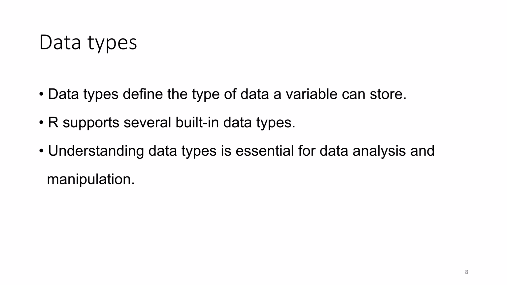Data types tell us what kind of data a variable can store. In R, there are several built-in data types that we can use. Understanding these data types is very important because it helps us handle, analyze, and manipulate data correctly.